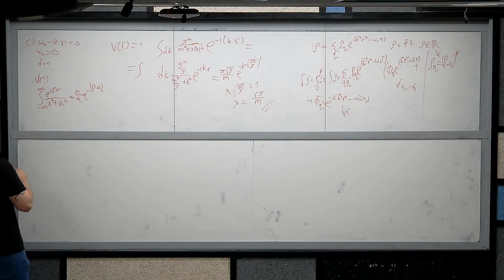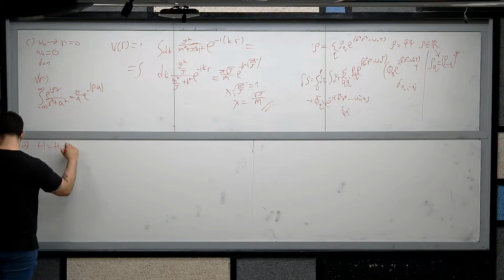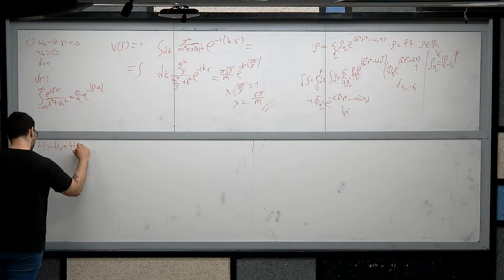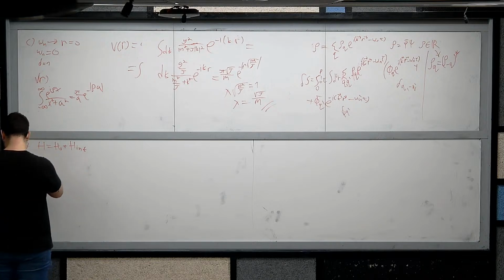Okay, so we're given a Hamiltonian in question 2. H equals H0 plus H int. We're using fermions, electrons.